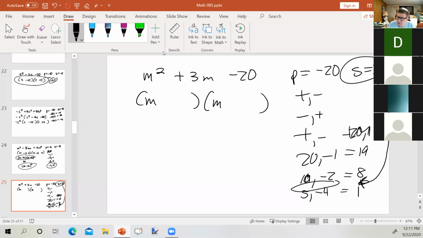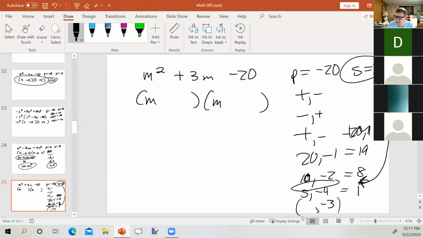One of them has to be between negative 2 and negative 4. There's only one number between negative 2 and negative 4. What is it? Negative 3. Well, negative 3 times what is negative 20? There isn't an integer that's going to work. So what's my conclusion?